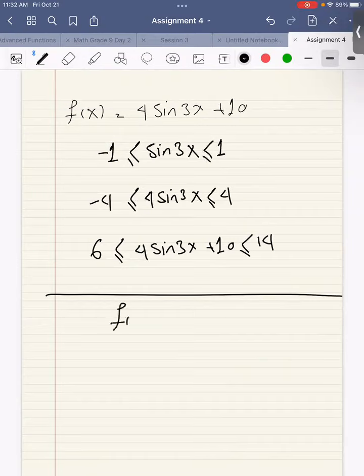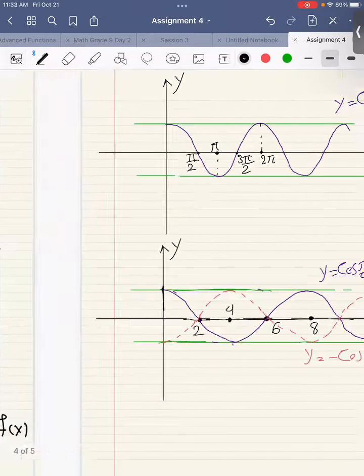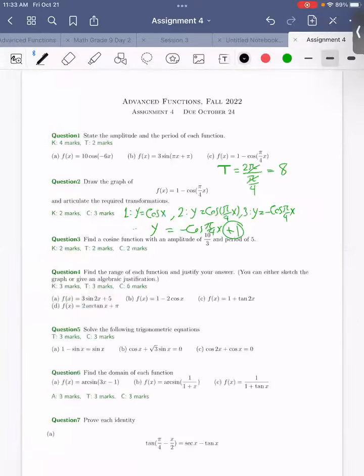So if f of x is tangent of x, the range of f is the set of all real numbers. Okay, let me know if you have any questions.